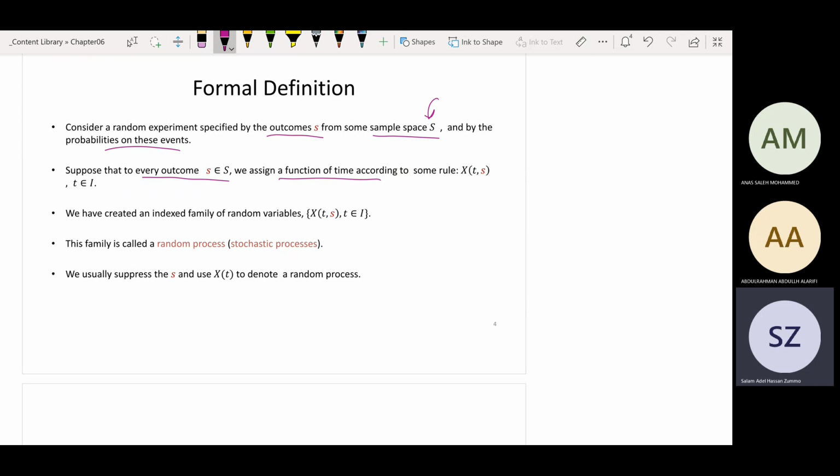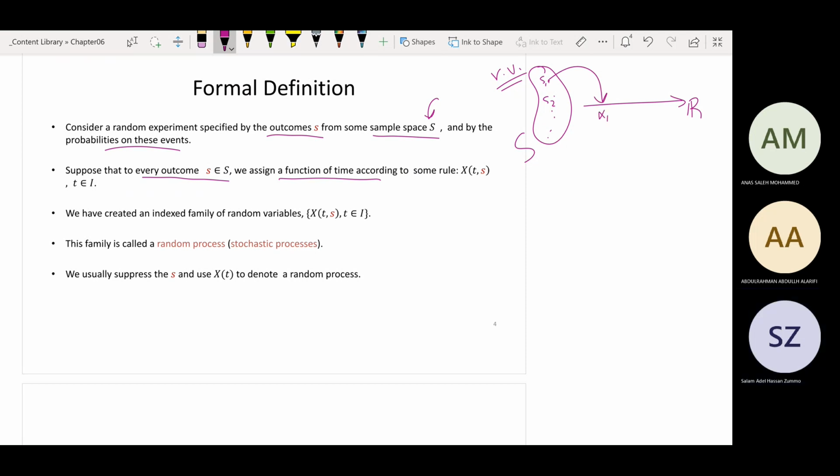Here we assign every S a function. So in the random variable domain, this is S, and we had S1, S2, and this is the real line. S1 is mapped into X1, S2 is mapped into X2, and so on. This is what we used to do with the random variable.